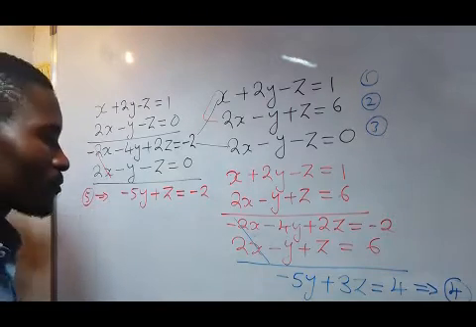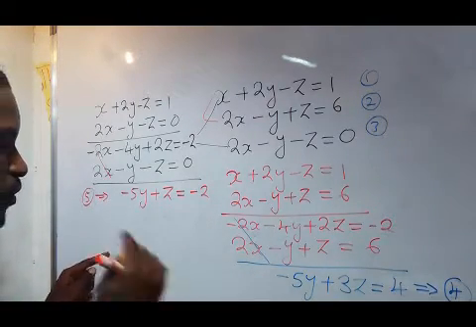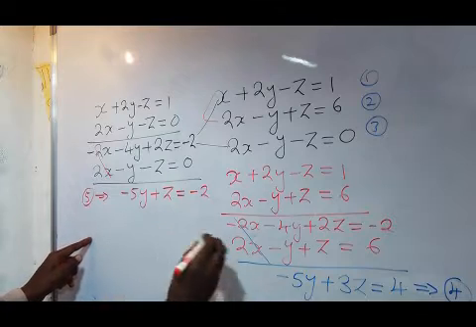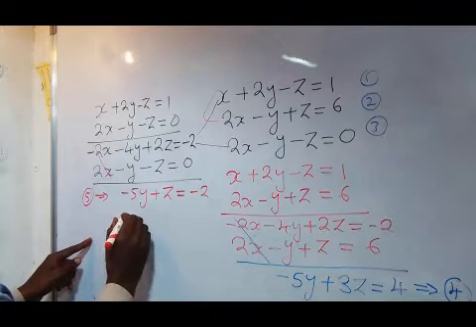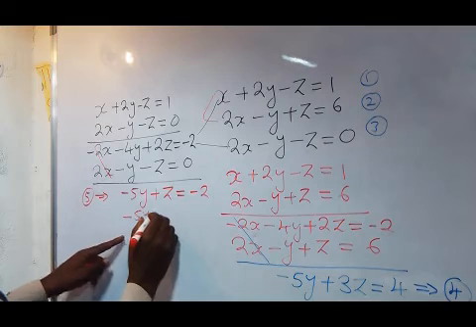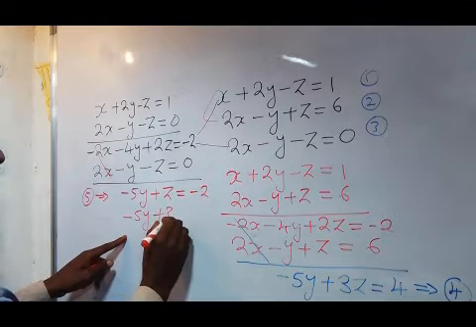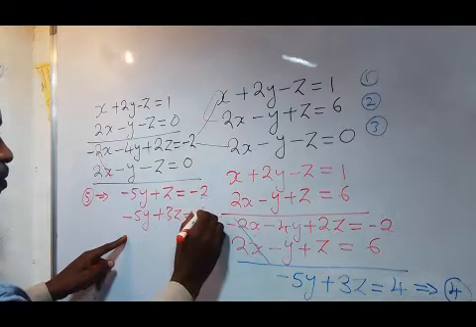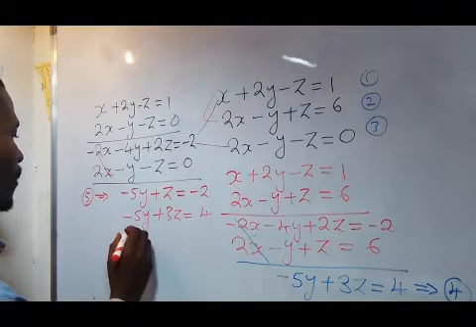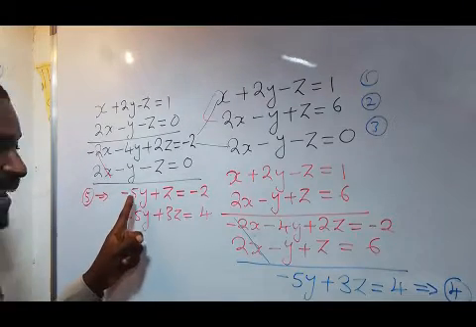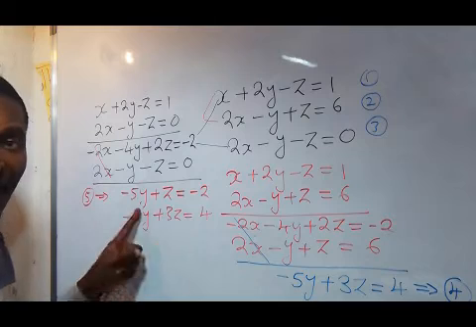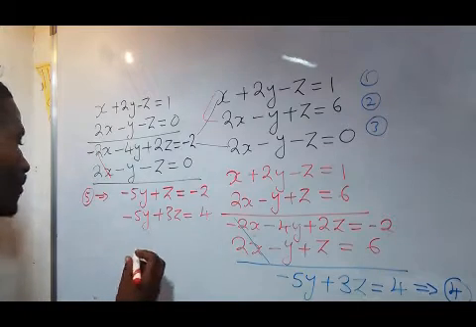Okay, so once you combine the two, we're going to have negative 5y plus 3z equals 4. Now I'm going to eliminate the y variable.